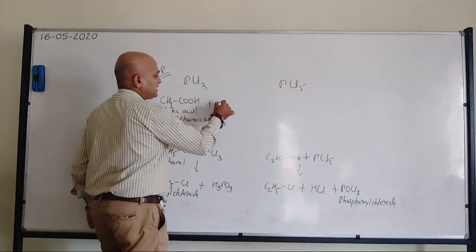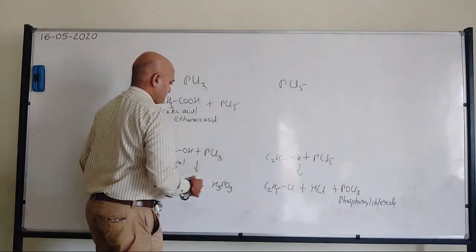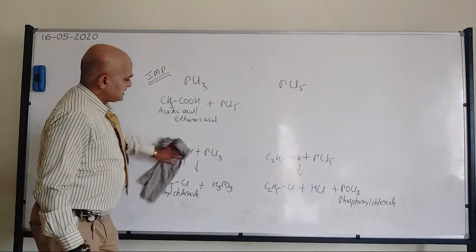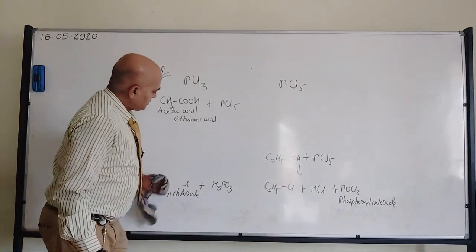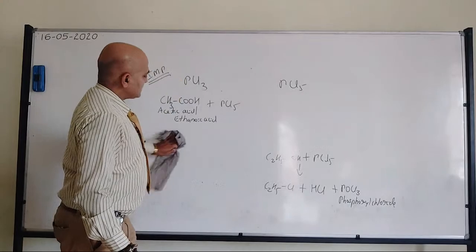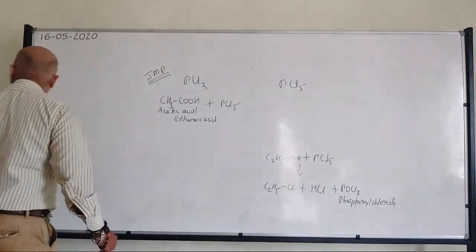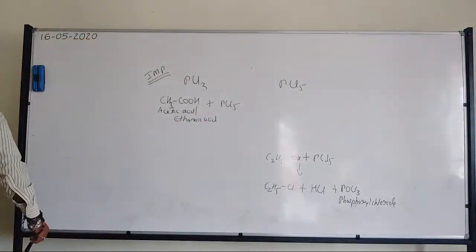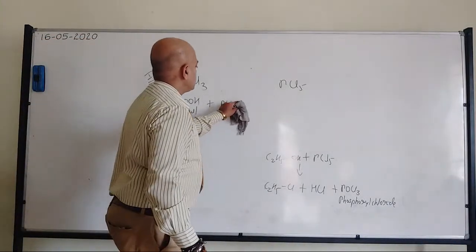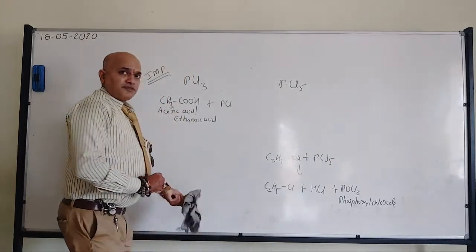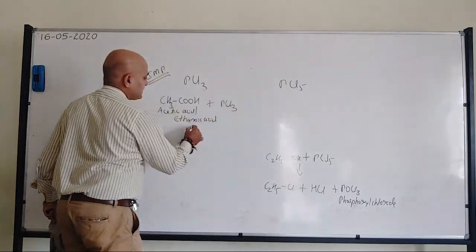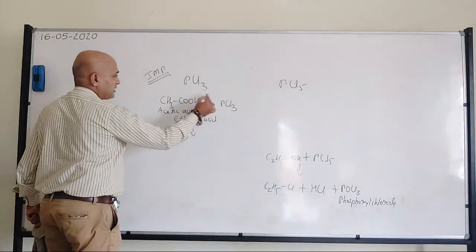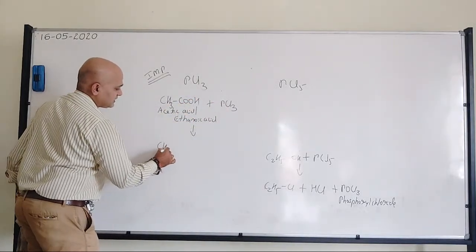When it is treated with PCl3, it will form a similar product as that of ethanol. I had written PCl5, it should be PCl3. In that case, the product will be the same, where OH minus will be taken care of by Cl minus.